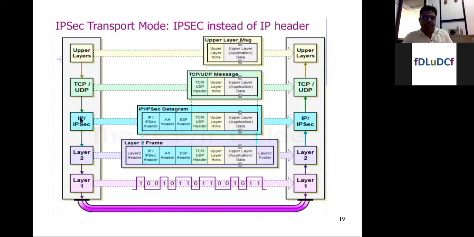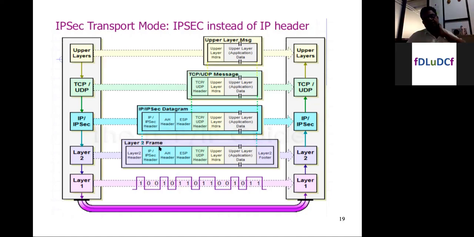If IP security is used at the IP layer, they will add these two headers, that is the encapsulation security payload and the authentication header. It is kind of an IPsec header, and the IPsec header consists of these two headers. So this is basically what an IPsec datagram looks like when IPsec is used in transport mode.